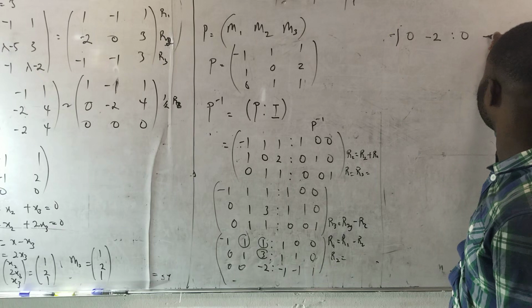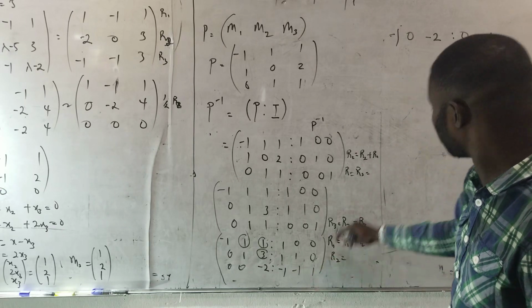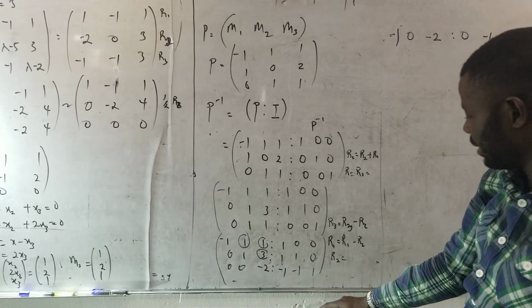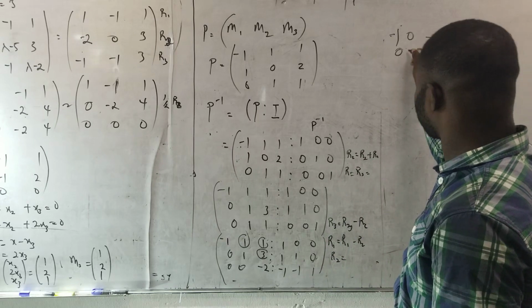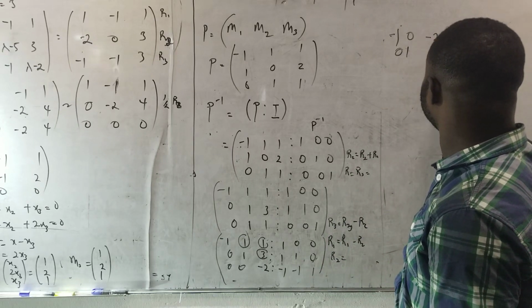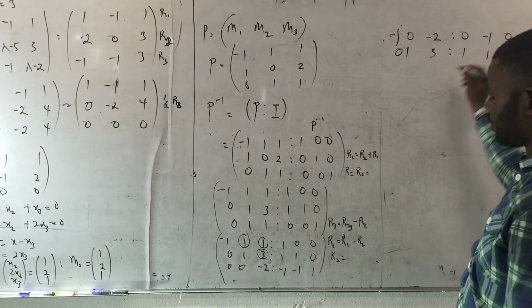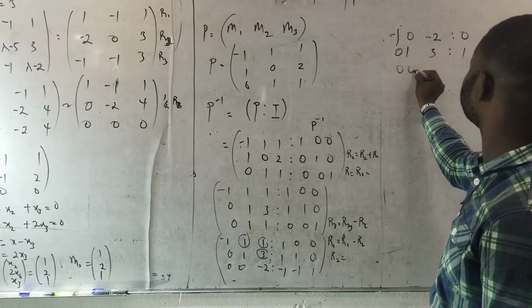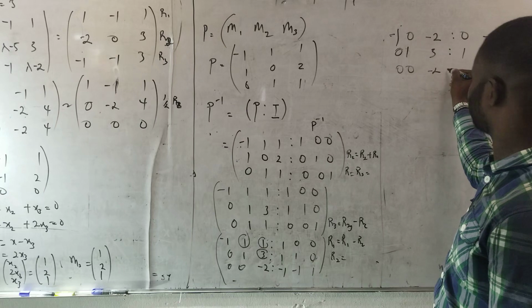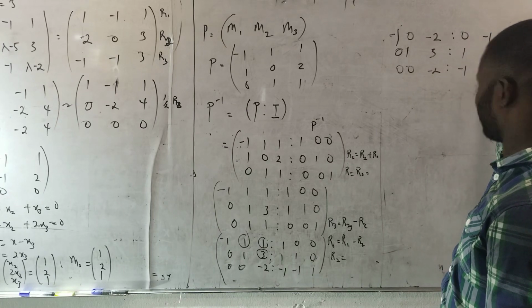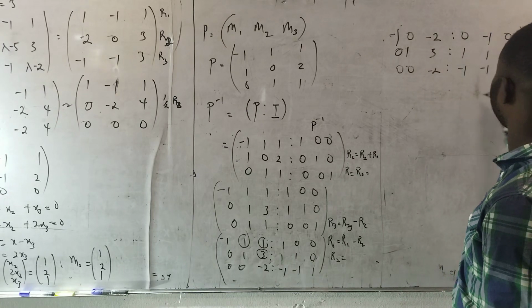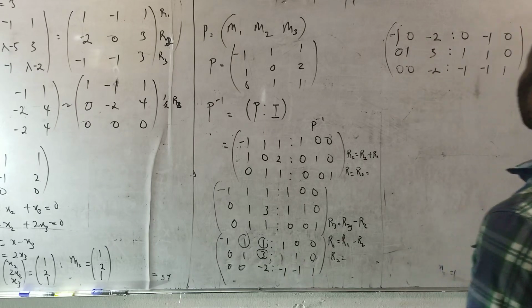That will be minus 1 and 0. And the next one will be 0, 1, 3, 1, 1, 0, and 0, minus 2, minus 1, minus 1, 1. Now, that is what you just need to work on.